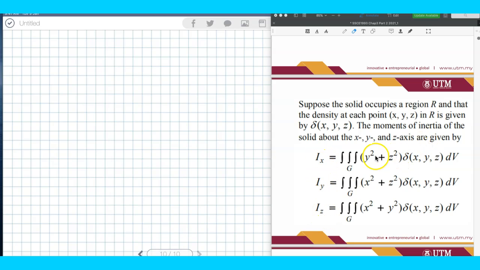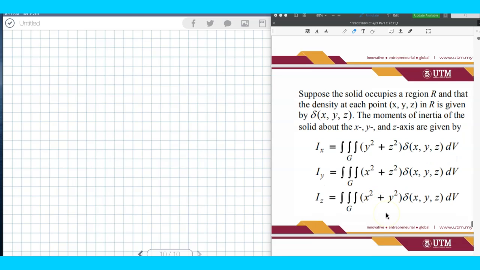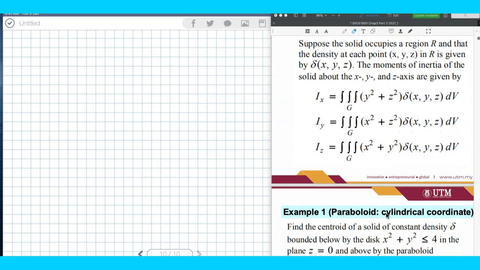The formula is not the same as the double integral. For the moment of inertia with respect to the x-axis, you use y squared plus z squared. For the y-axis you use x squared plus z squared, and for the z-axis you use x squared plus y squared. All of this you need to know the formula.